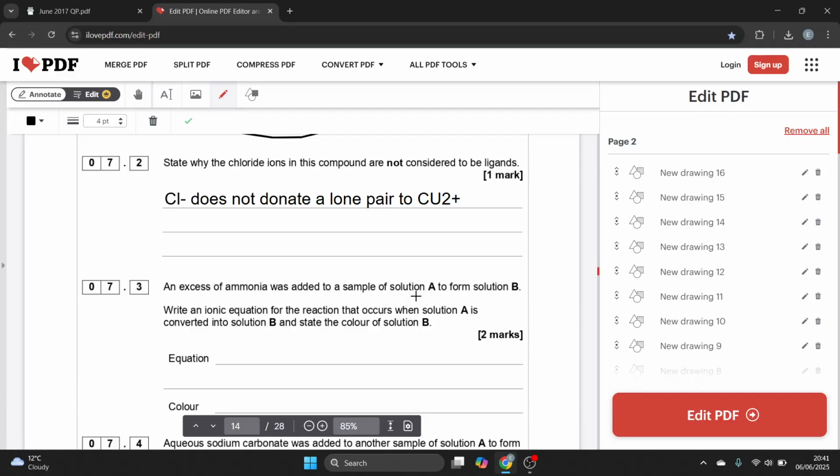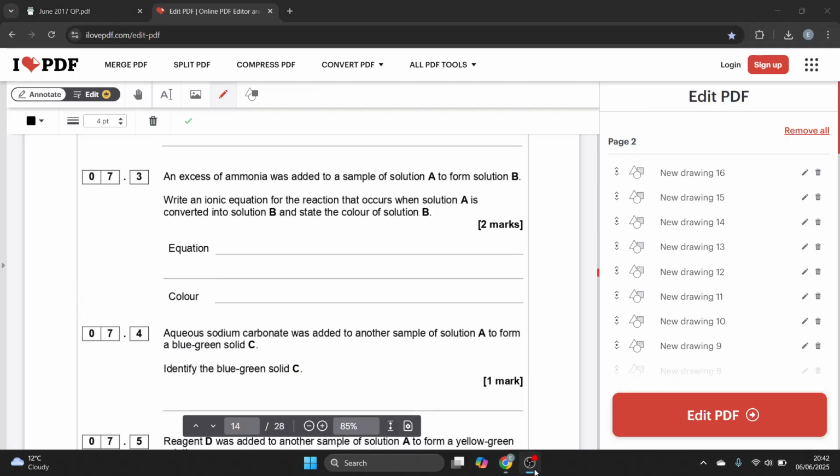I'll give them that. Yeah, that is a bit annoying. So you know these transition metal questions, a lot of them they're just AO1, right? But they did try to trick you out.